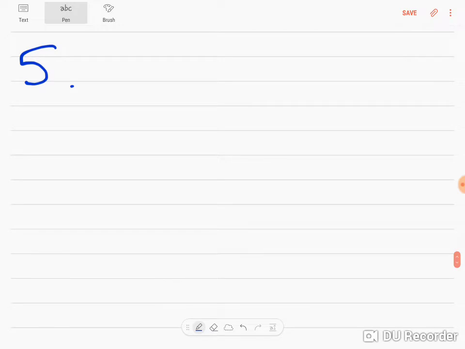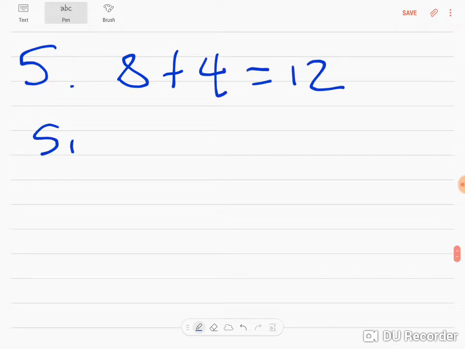Number 5. What is the quotient when the sum of 8 and 4 is divided by the difference of 8 and 4? So the sum of 8 and 4, remember, addition, sum equals add, is divided by the difference of 8 and 4.